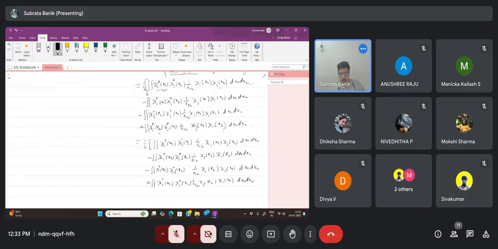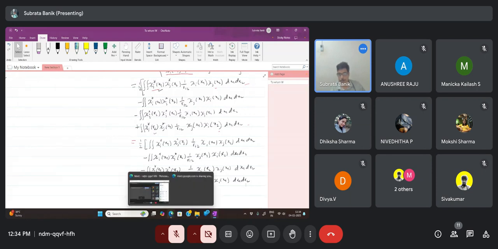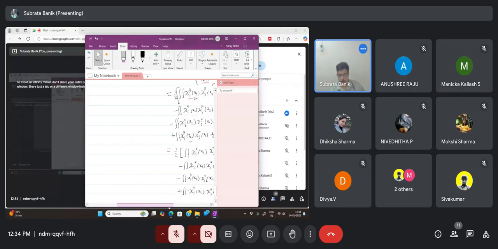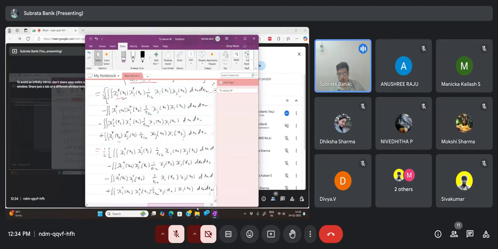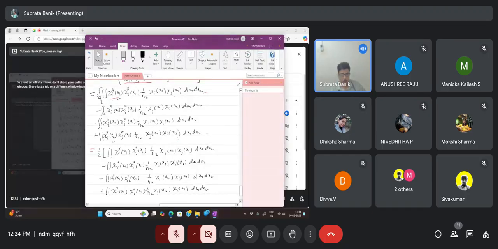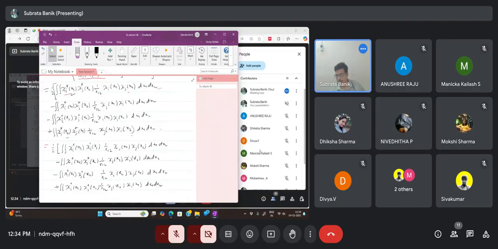Right? Let us see. Did you understand that point? This part? Anyone has any problem? Let me see your expression. Up to this part, does anybody have any problem from this step to this step? No?